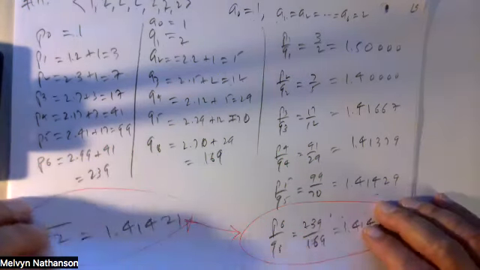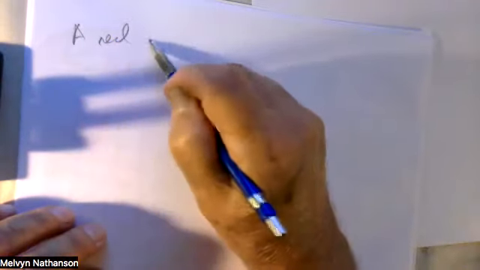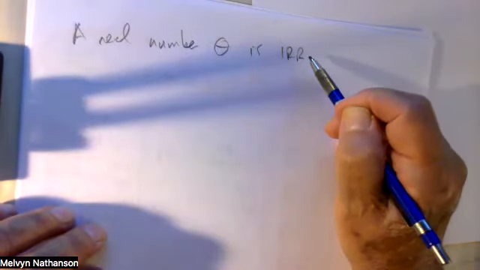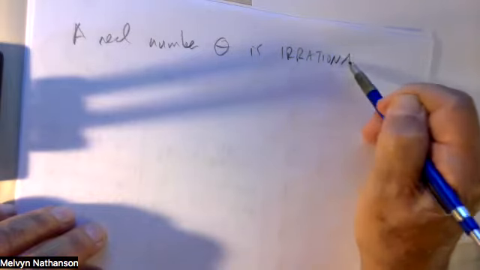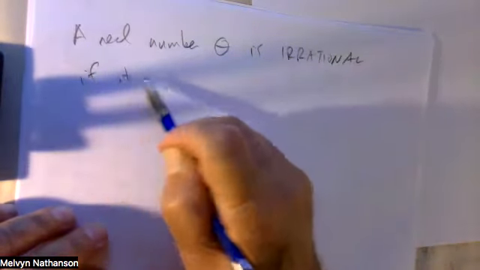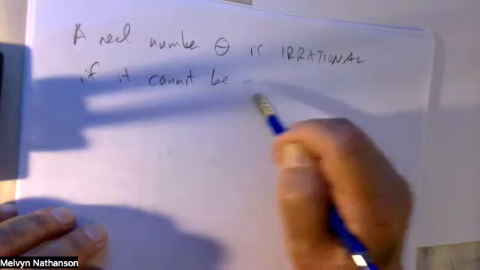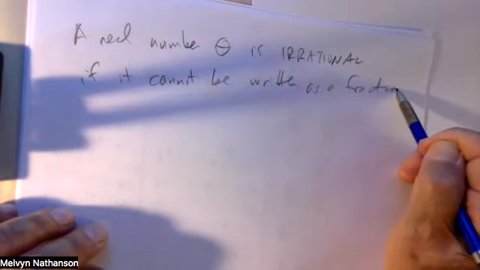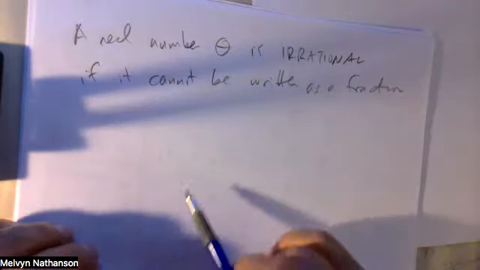Just as an exercise for one's general knowledge of number theory, let me just say that a real number theta is called irrational if it cannot be written as a fraction. A rational number is a fraction. A number is irrational if it cannot be written as a fraction.